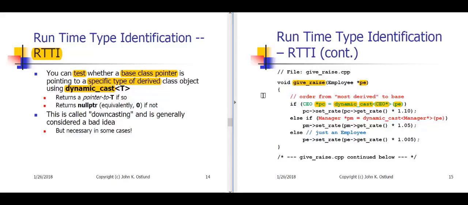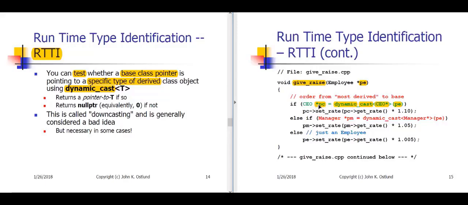But if the kind of object the PE is pointing to is not a CEO, then I will get back a 0. And 0 in an if test means false. Okay, so let's suppose that our pointer to employee really is pointing at a CEO. Then the dynamic cast of the employee pointer to a CEO pointer will succeed.